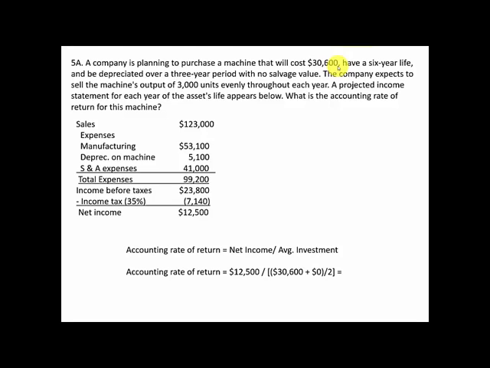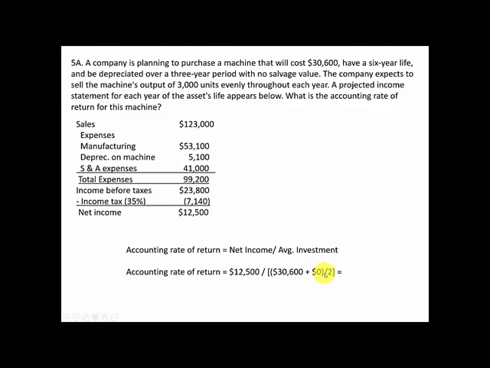The ending book value is usually going to be 0 for this calculation, unless the asset has a salvage value. And if it has a salvage value, then that's the ending book value, because you can't depreciate below a salvage value. But anyway, this does not have a salvage value, so the ending book value is 0. The beginning book value is its cost.